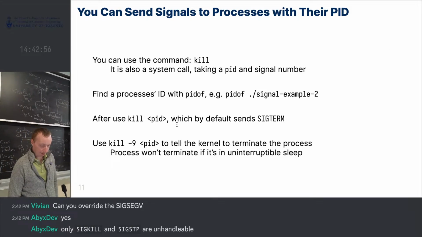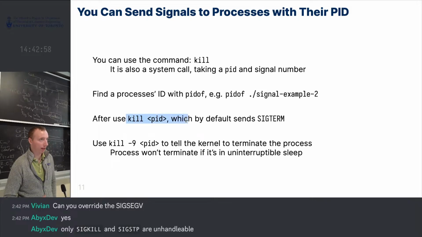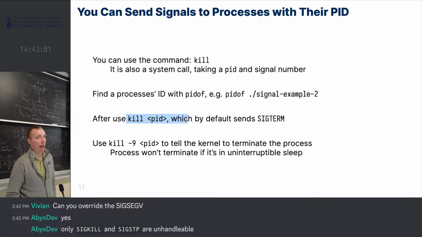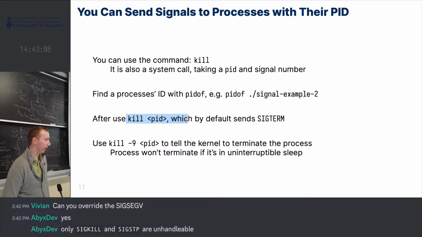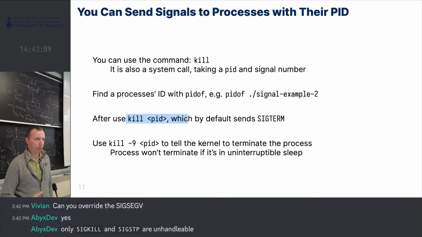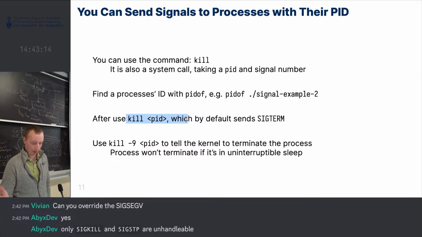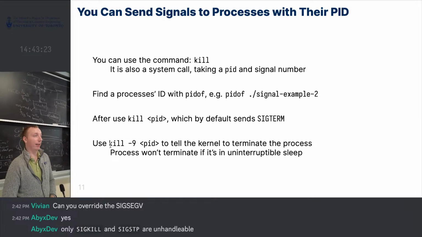And then after, kill with just a PID sends SIGTERM, which is supposed to just say end graciously, please. And the idea behind that is you can register a signal handler and do some cleanup and be sure you don't mess up your files. You write anything you need to write before you exit, and then you just exit. Then we saw kill -9, which is like you're telling the kernel to kill that process, and it doesn't have any rebuttal to it. It just kind of dies.